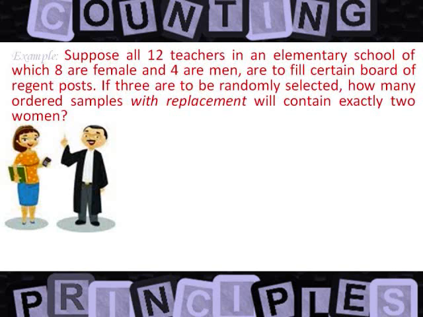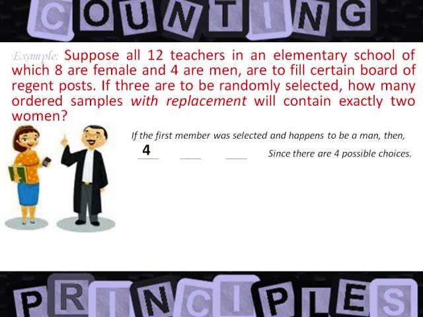As stated, some of the elements are defective or possess certain characteristics. For example, in the question, we require exactly 2 women to fill the posts of the regent. So, for a clear view, let us write down 3 bars.